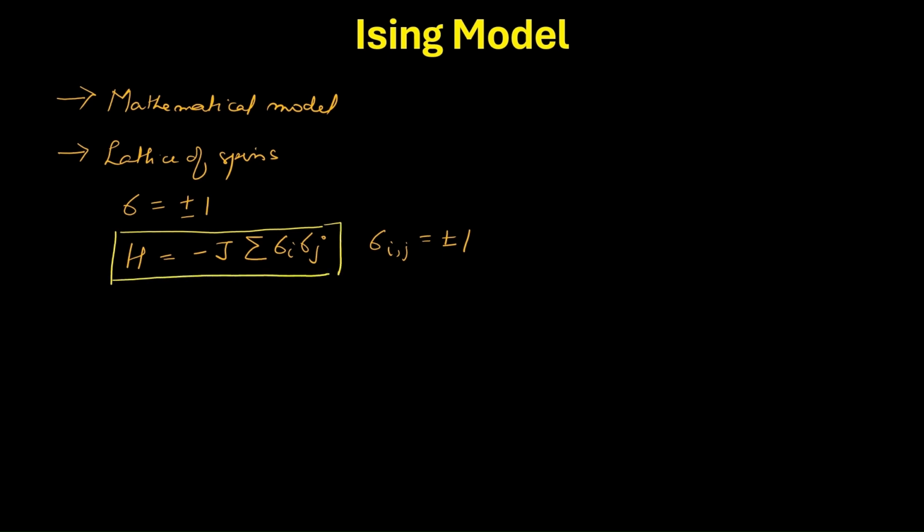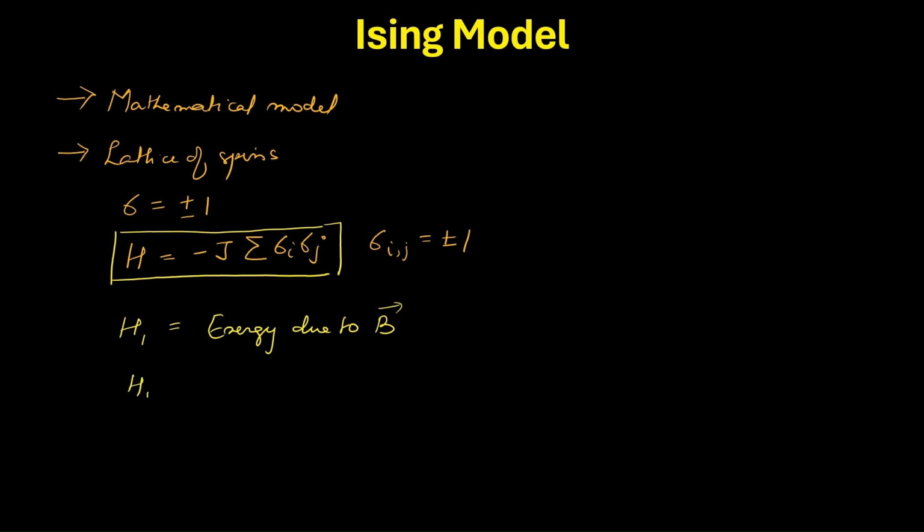Now, this is the energy of the system when it is not placed in a magnetic field, but if it is placed in a magnetic field, then there will be another term. I'll call it H magnetic, maybe H1, which is the energy due to the external magnetic field.